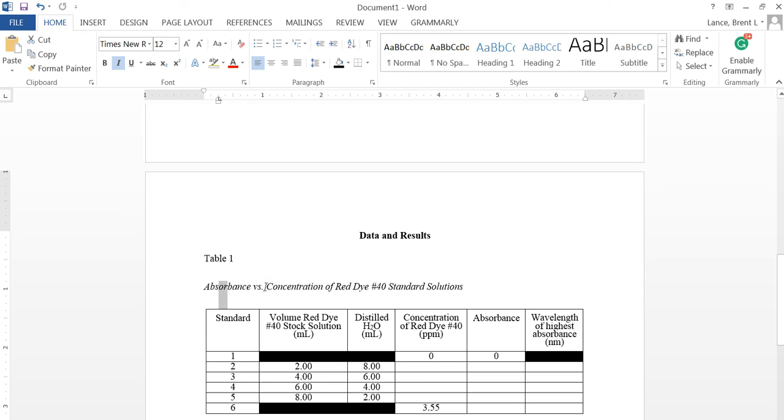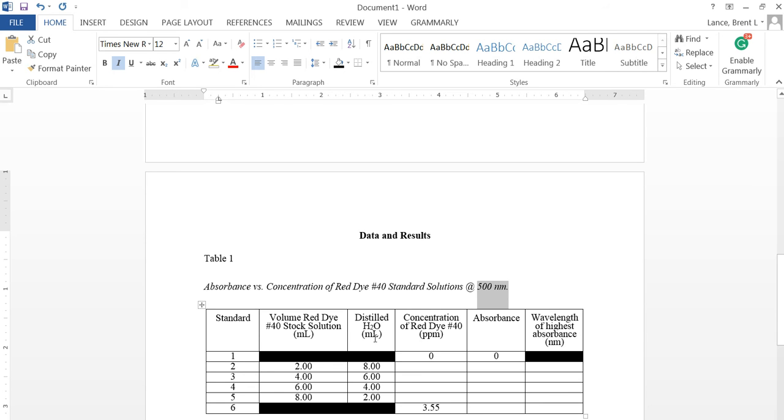So it's dependent versus independent, and then you can give the rest of the information. If you know your wavelength, let's just say 500 nanometers or something like that, I don't know what yours was, you might specify your analytical wavelength, whatever the average wavelength was, over here.